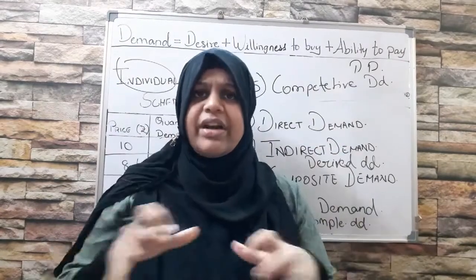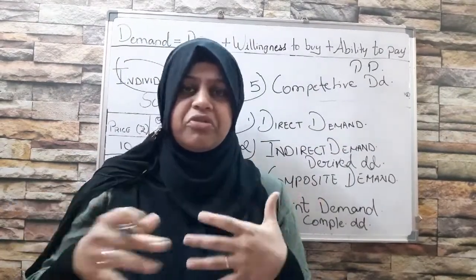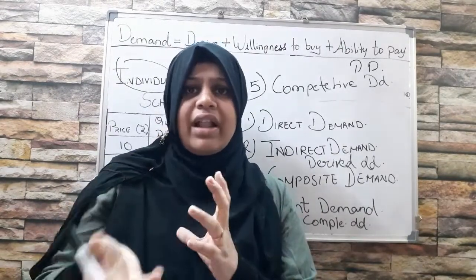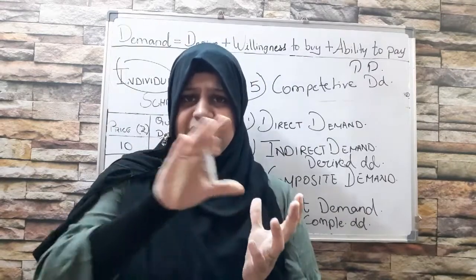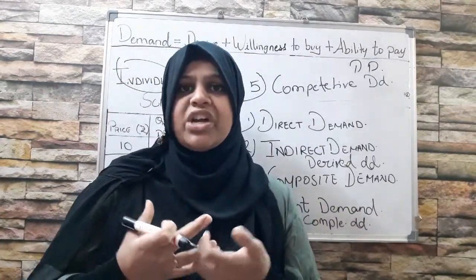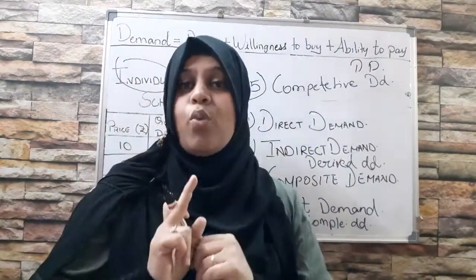A simpler example that I can give you is tea or coffee. You can switch. If you don't like tea, you can switch to coffee, or if you don't like that, you can switch to green tea. So these are competing with each other, and you have the options to decide one.